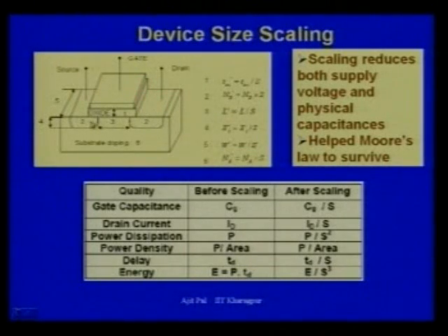You are reducing the channel length by factor S. We are also reducing the width. You are also reducing the depth of penetration of the device, and of course you are increasing the substrate doping. What is the outcome of this device size scaling?